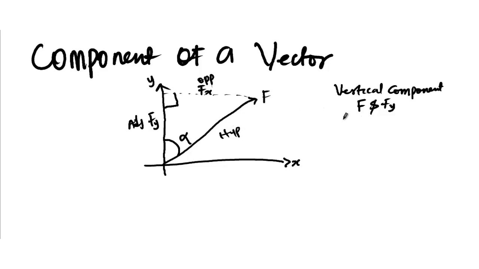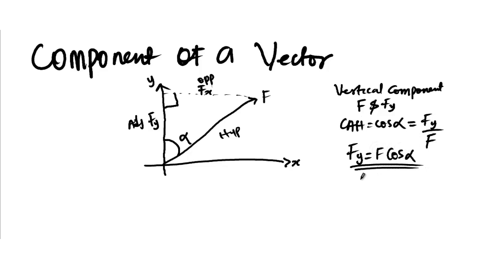And adjacent over hypotenuse is cos alpha, which is F subscript y divided by F. So if you cross multiply, we have F subscript y equals F cos alpha. So this is the vertical component of a vector, if and only if it is inclined to the vertical.